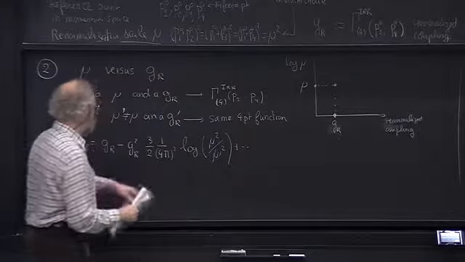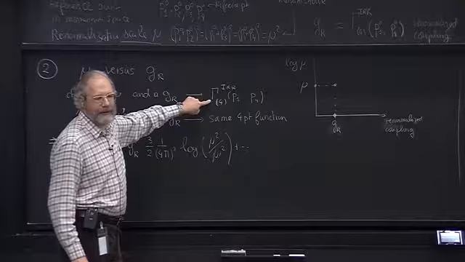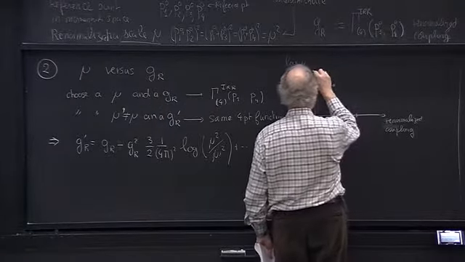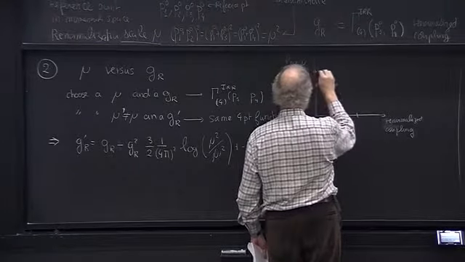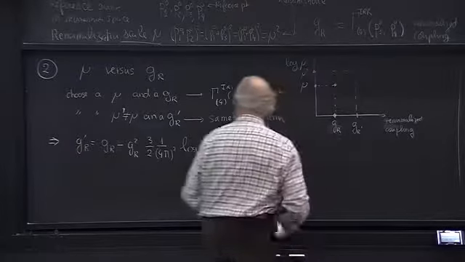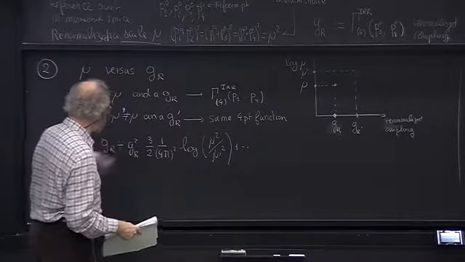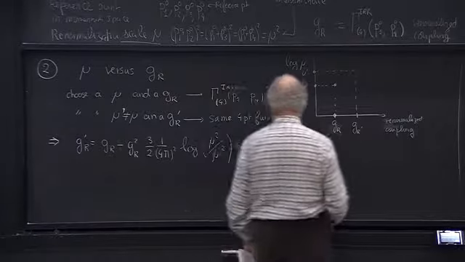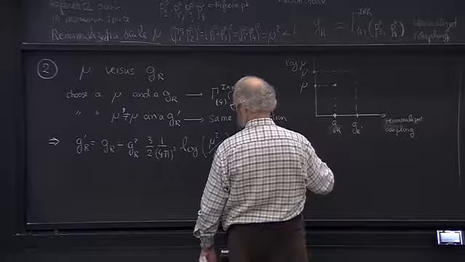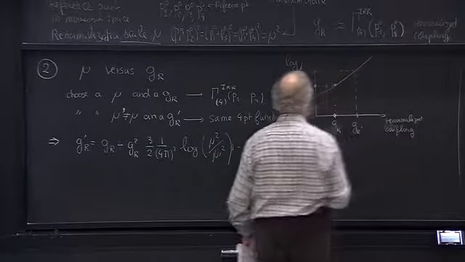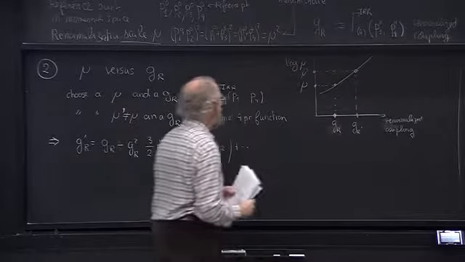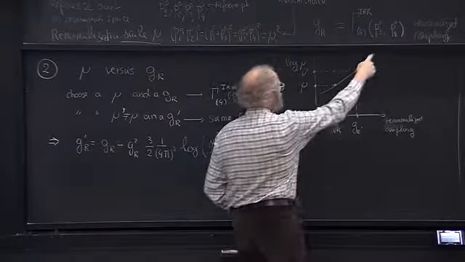If for the same theory, the same quantum theory, I define GR with reference to a different scale mu prime, and I get GR prime, then through this relation, this is a linear relation in log. So you have some relation like that.